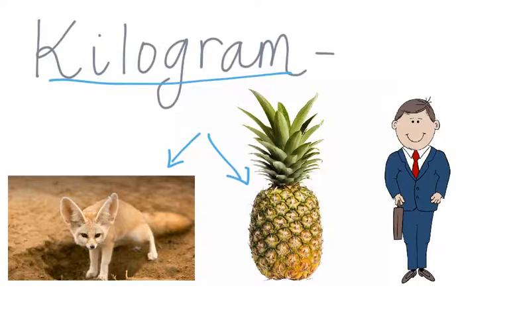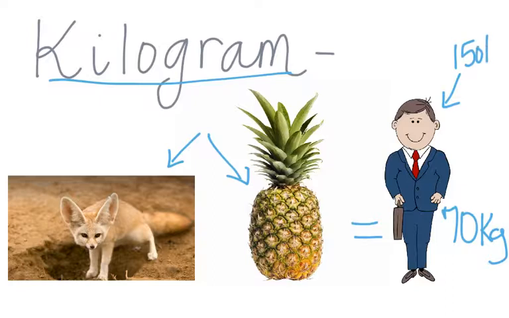The answer is approximately 70 kilograms. So this man, you would need to collect about 70 pineapples to equal the weight of a man. And this would be just an average man who weighs about 150 pounds.